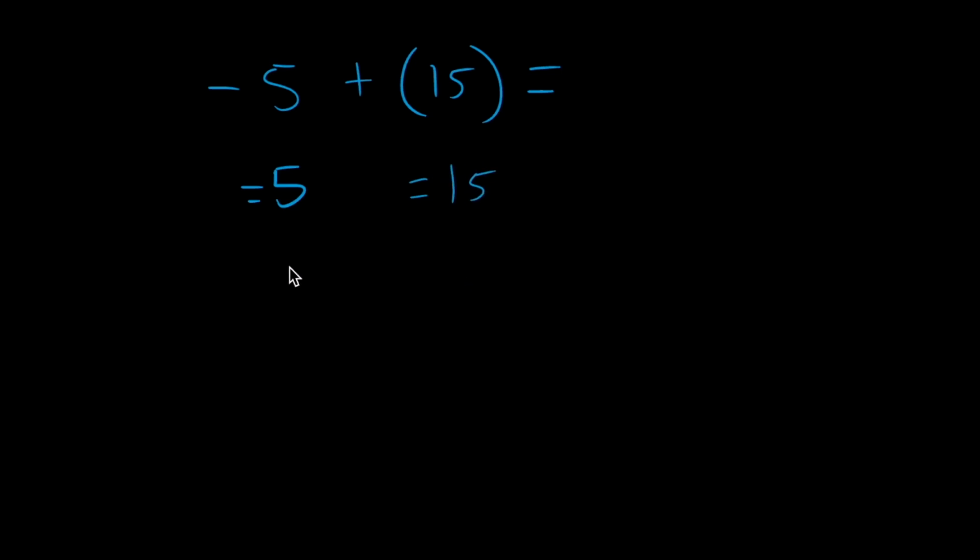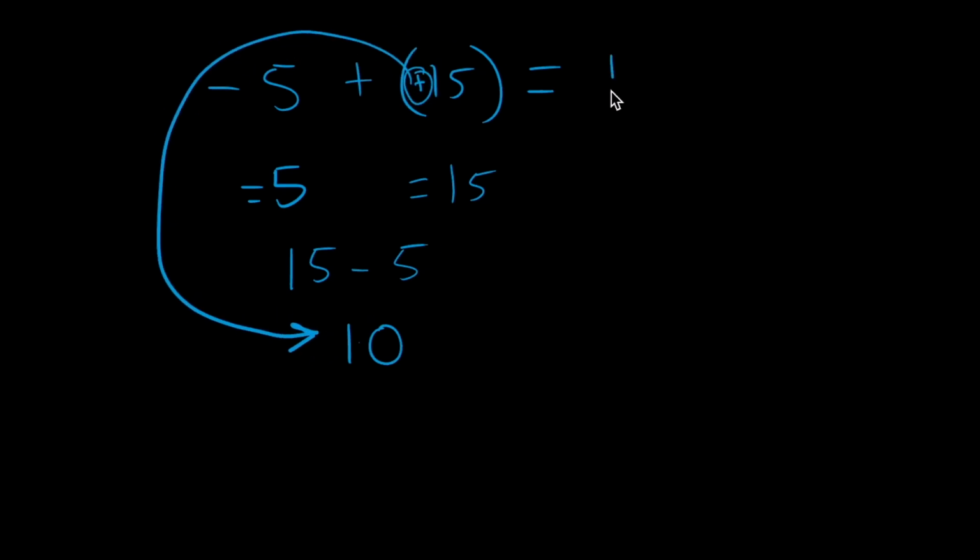Then we need to subtract larger minus smaller. 15 is larger, so 15 minus 5. 15 take away 5 is 10. And then we look at the sign from the original number that gave us the larger absolute value, which is 15. There is an invisible positive sign there. We'll take that positive sign, give it to the 10, and the answer is positive 10. That is your answer.